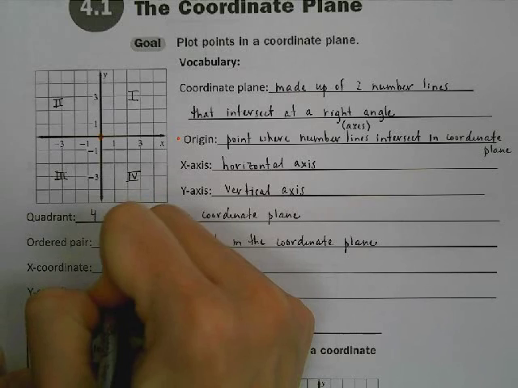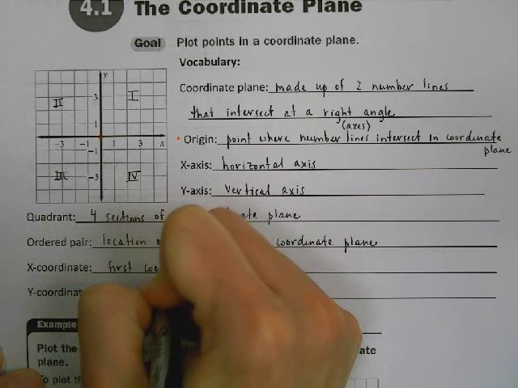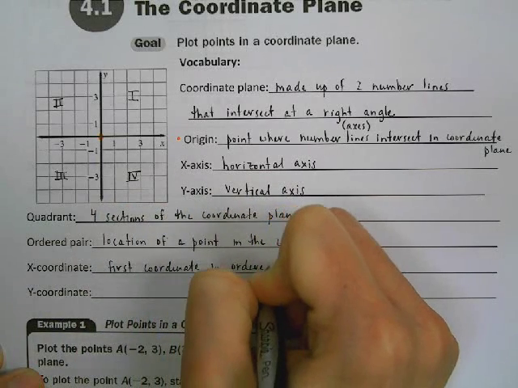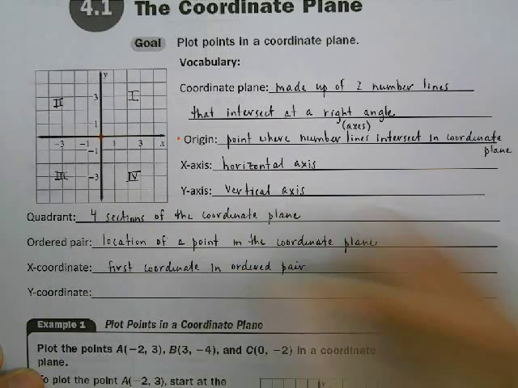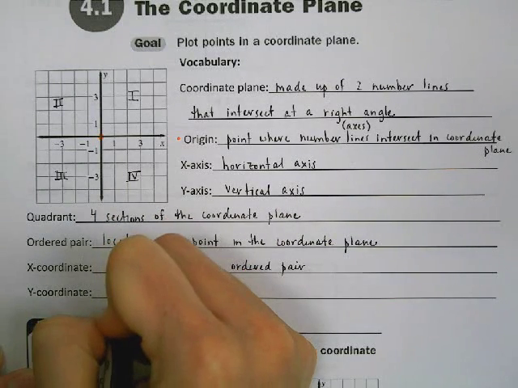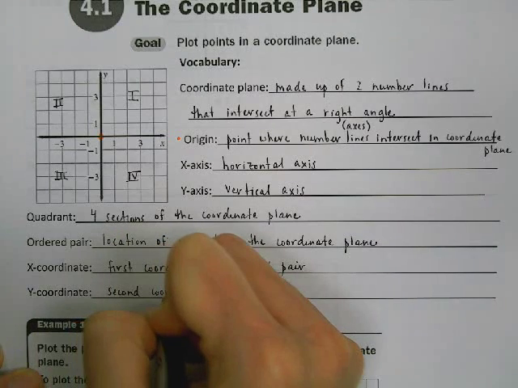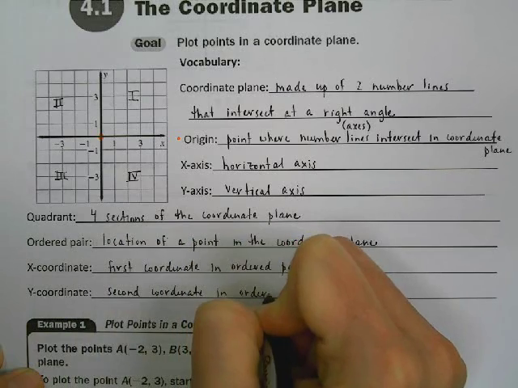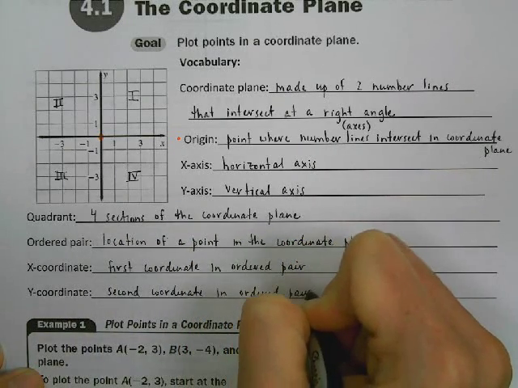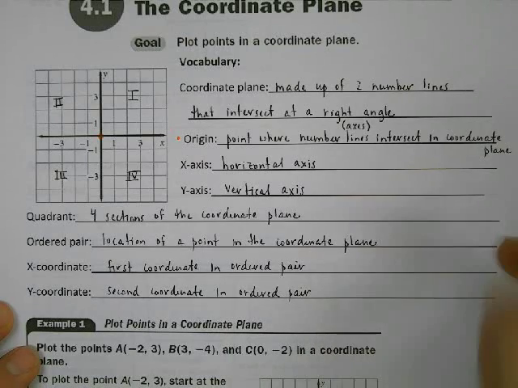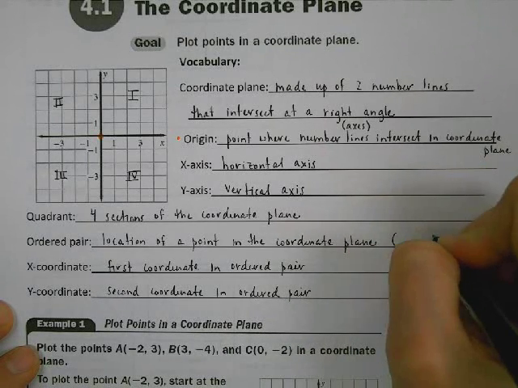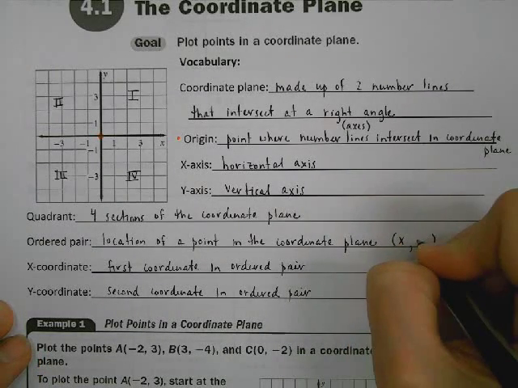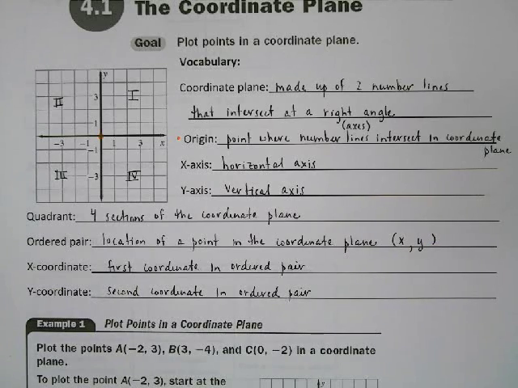So I'm going to say the x-coordinate is the first coordinate in the ordered pair, and our y-coordinate is the second coordinate. When we talk about an ordered pair, we always write it in parentheses. Our two coordinates are separated by a comma, and we have our x-coordinate and our y-coordinate.